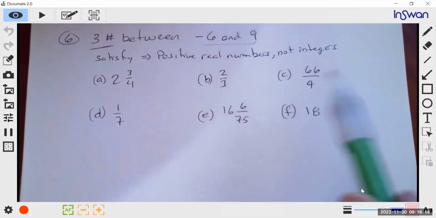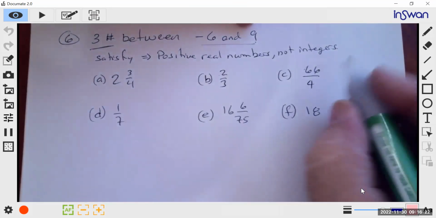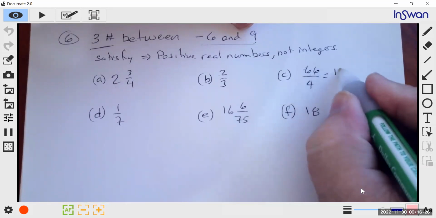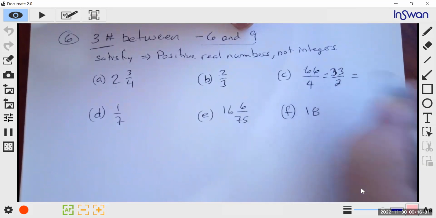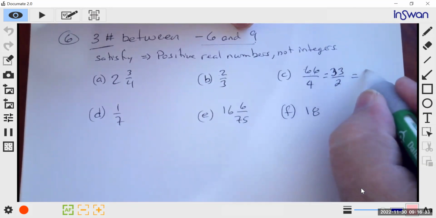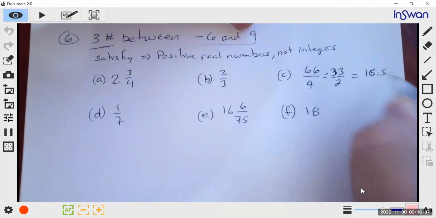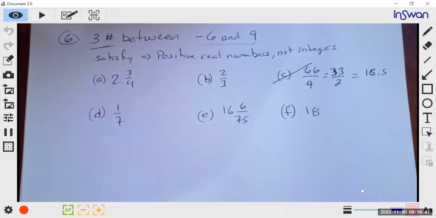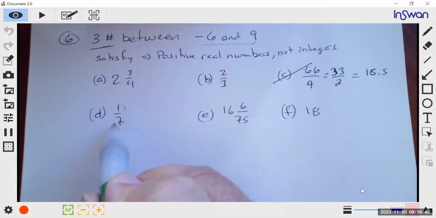66/4. We could divide by 2. 2 goes in both of them, 33/2. 33/2 is 16.5. So that one can't work because it's bigger than 9. 1/7 is less than 1.